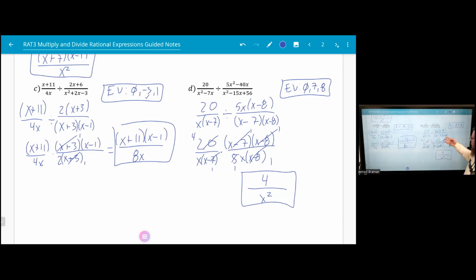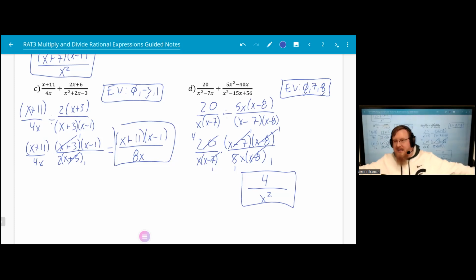And once again, when we take the reciprocal, we end up with 0 and 8 again as excluded values. So those are good to go. We don't have to check them off. They're just already there. And when we simplify everything, we're just left with 4 divided by x squared, which is, it's kind of crazy how much this up here, that mess for D just turns out to be 4 divided by x squared.